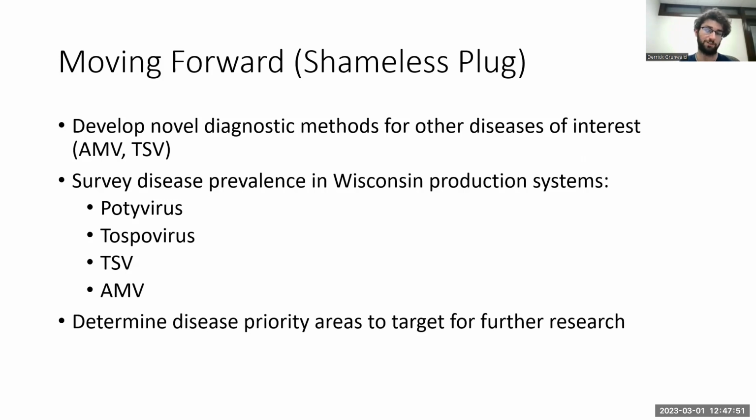In particular, we're interested to know whether or not there are any hemp-specific TSV strains out there, and if so, can we design diagnostic techniques specific to that hemp strain? We're working towards surveying disease prevalence in Wisconsin production systems. So we're going to be screening again for potyviruses, tospoviruses, TSV, and AMV. This would be using immunological methods, like ELISA.